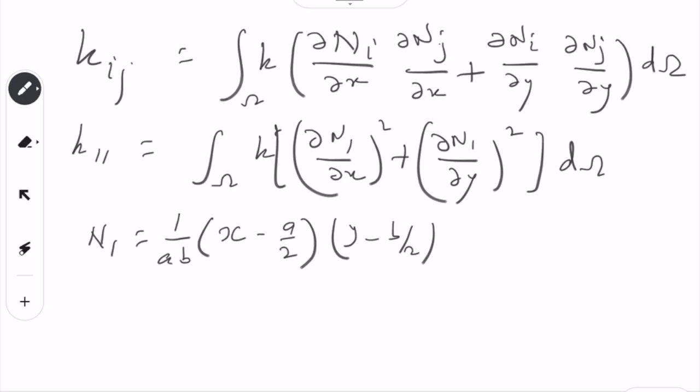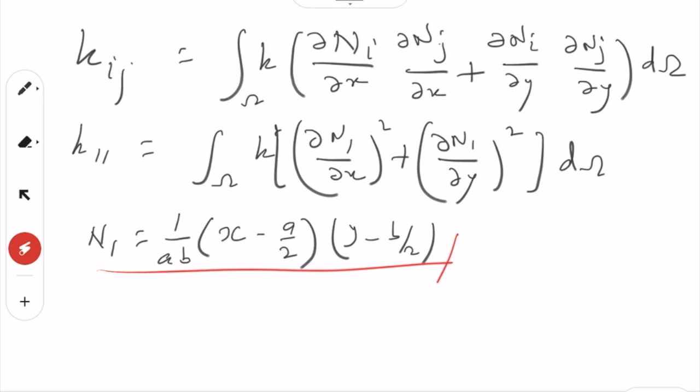Fine. If you put x equal to minus a over 2, y equal to minus b over 2, this will be ab minus a times minus b divided by ab, that becomes equal to 1. So this is correct.